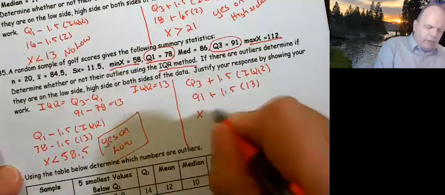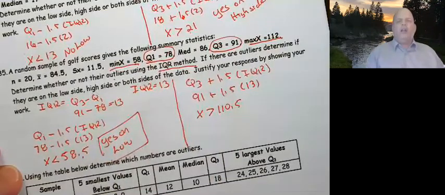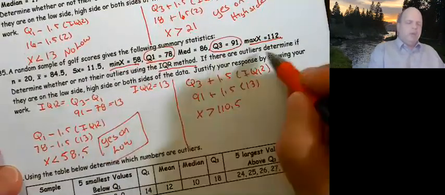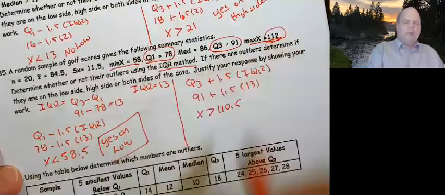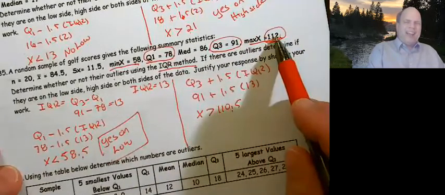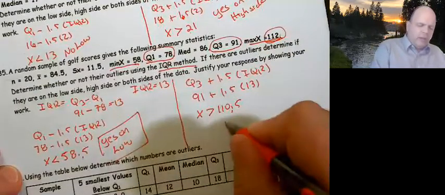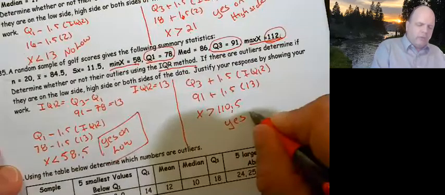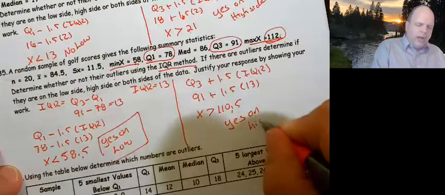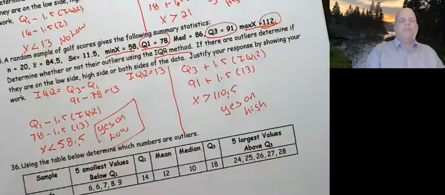So if X is greater than 110.5, then we have an outlier on the high side. Well, look, this is 112. 112 is greater than this. So I have a value on the high side that's bigger than this. So yes, on the high side. So in this case, I have outliers on both the high and the low.